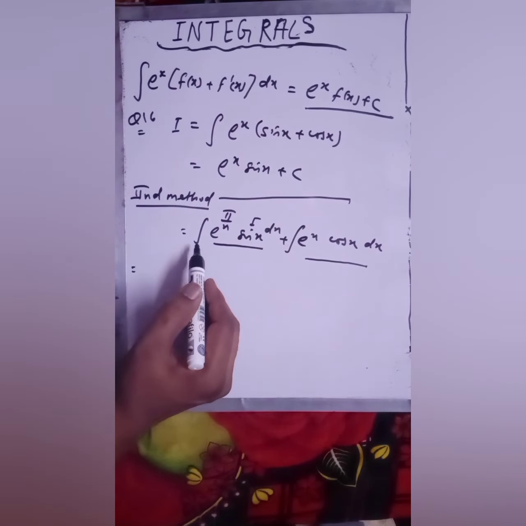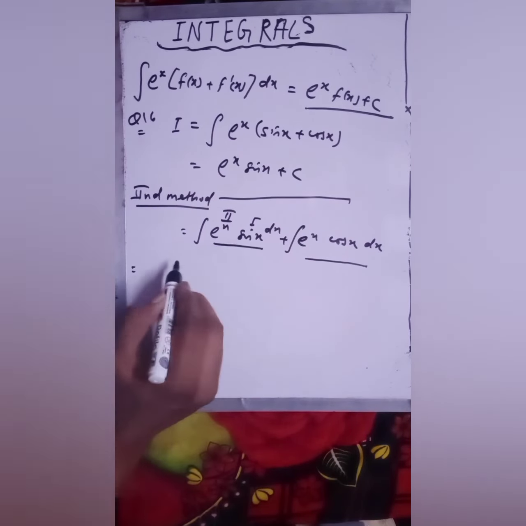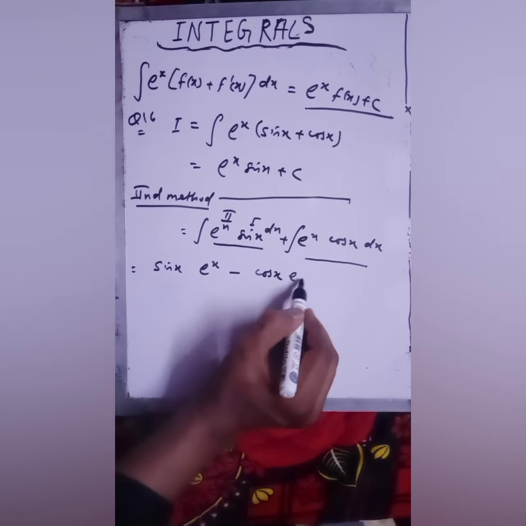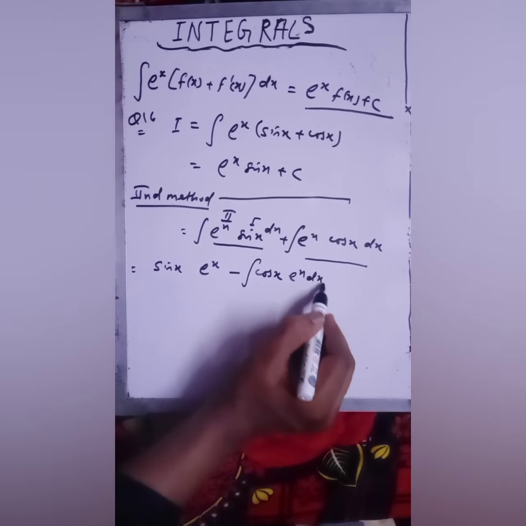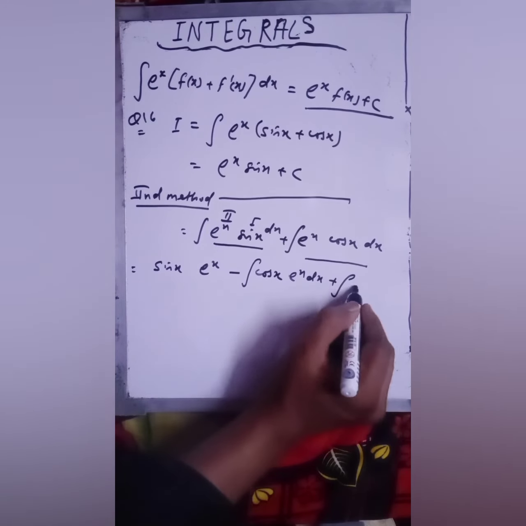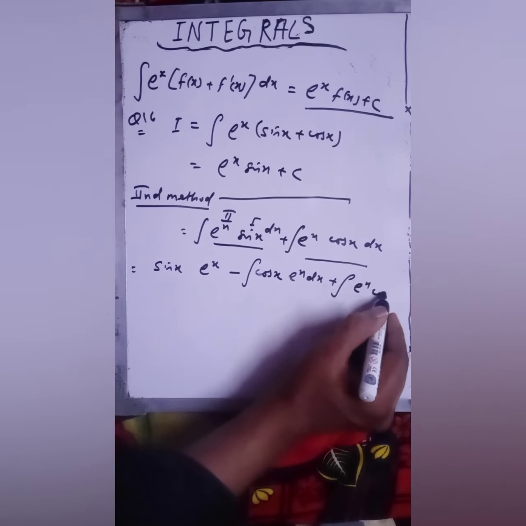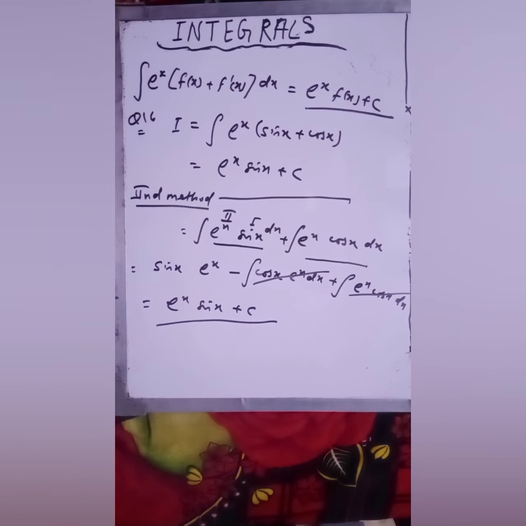When you apply ILATE, according to the formula, your first function will remain the same, the integration of the second function, e to the x, minus the derivative of the first function, cos x, and the integration of the second function, which remains e to the x, and the integration of both, plus the integration of e to the x cos x dx, and this will cancel out. Plus e to the x sine x plus c will come. So both answers are coming the same. This is how you can solve this question. Okay children, so practice this.